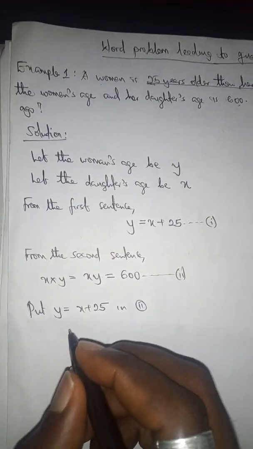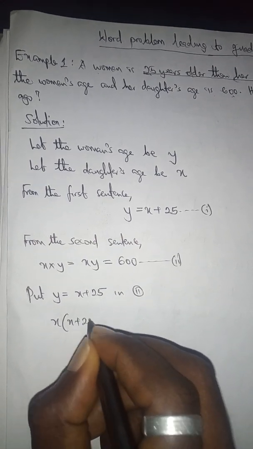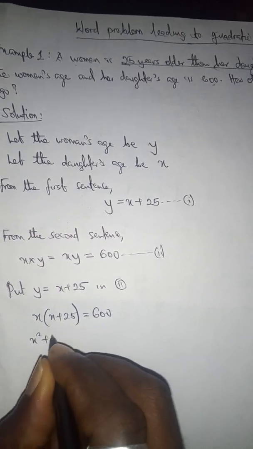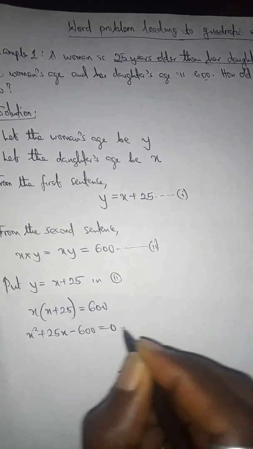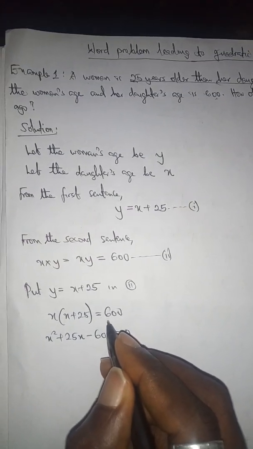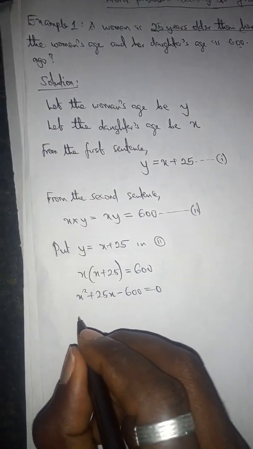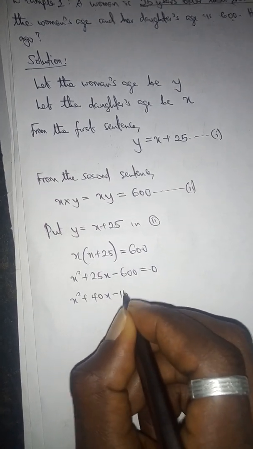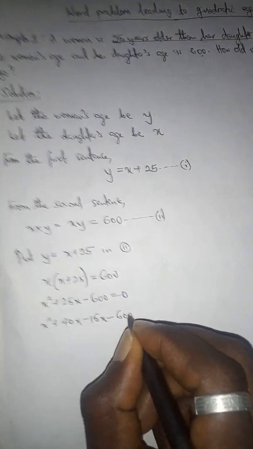That means we are going to have x(x + 25) = 600. x squared plus 25x minus 600 equals 0. I've collected the like terms after opening the bracket. So using the factorization method, we shall have x squared plus 40x minus 15x minus 600 equals 0.